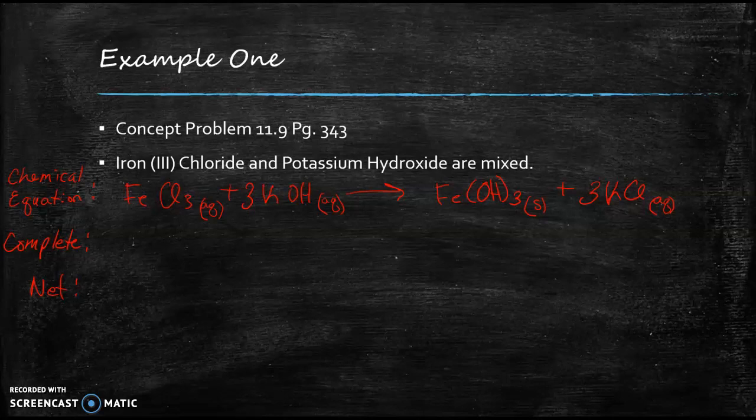Our next step is going to be to write out the complete ionic equation. For our complete equation, we do need to make sure that our subscripts and our coefficients are taken into account. Pause the video and write out the complete equation.